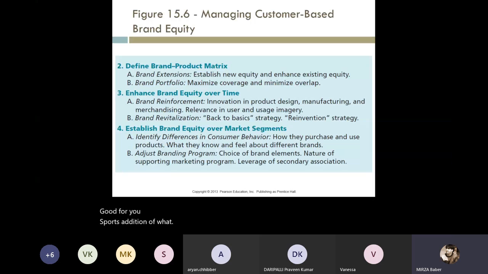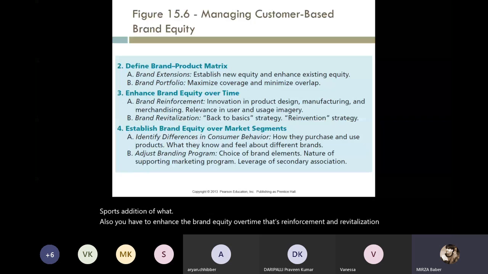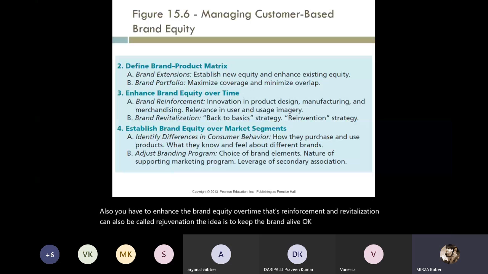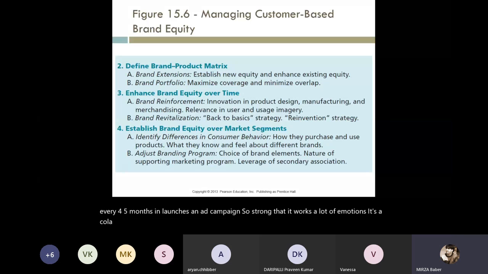Also, you have to enhance brand equity over time. That's reinforcement and revitalization. Revitalization can also be called rejuvenation. The idea is to keep the brand alive. For example, every 4 or 5 months Coca-Cola launches an ad campaign so strong that it evokes a lot of emotions. It's a cola; it has nothing to do with the way they're marketing it, but they use a polar bear, they use Santa Claus.